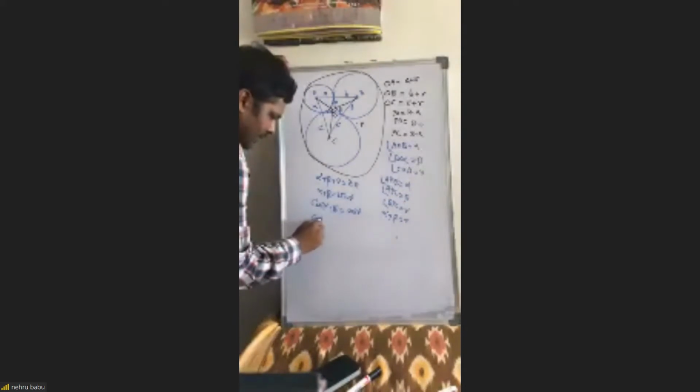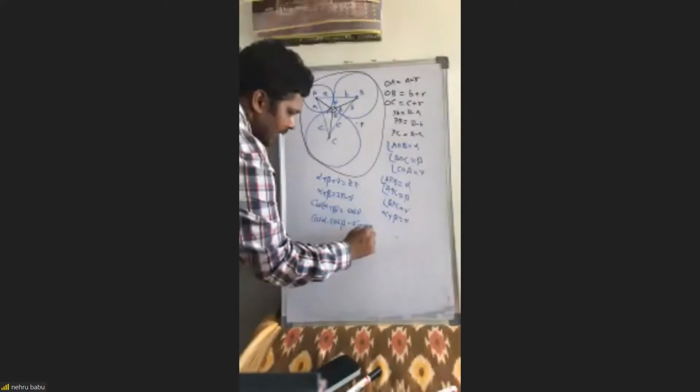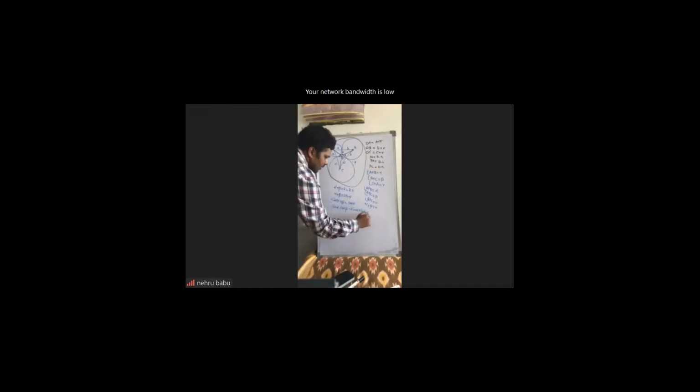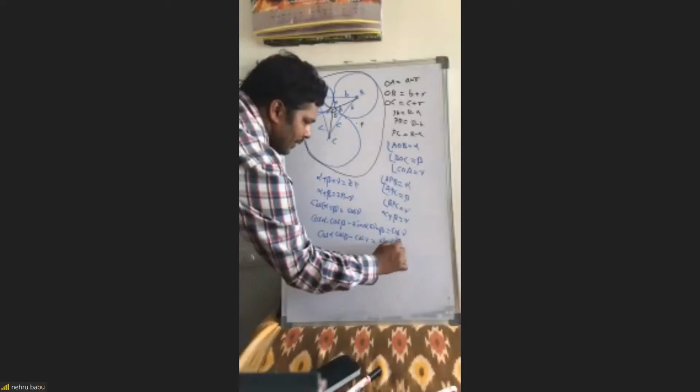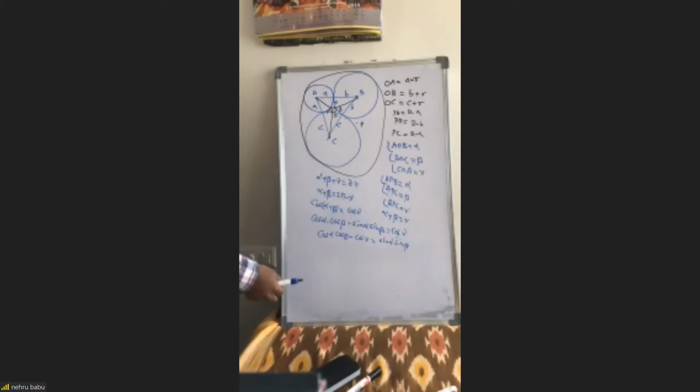If you simplify this, cos alpha cos beta minus sin alpha sin beta equals cos gamma. So cos alpha cos beta minus cos gamma equals sin alpha into sin beta. Here I am forming an identity, because we remember all results related to pi, but we don't remember a result related to 2 pi, so I am deriving this.